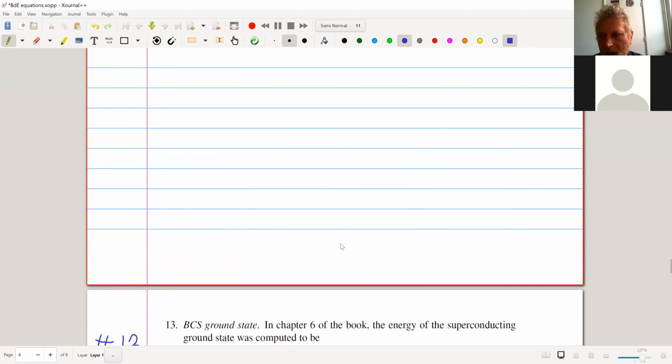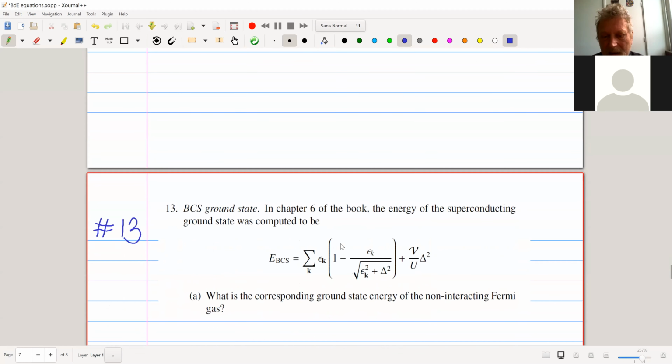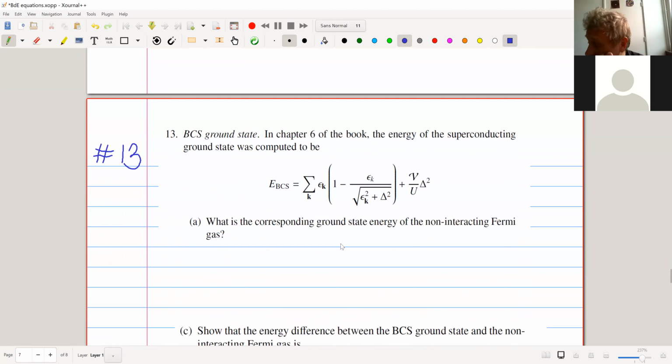It's mostly practice, and one wants to take an expression of the energy from the book and compute the energy difference which is gained by the transition to the superconducting state.